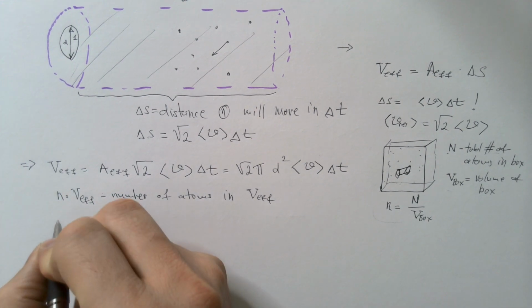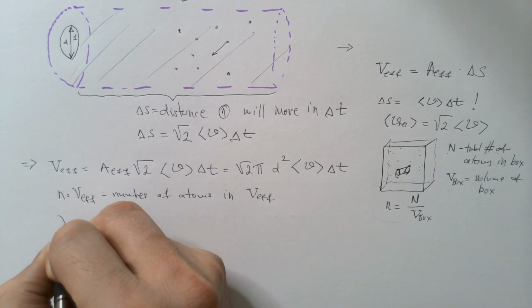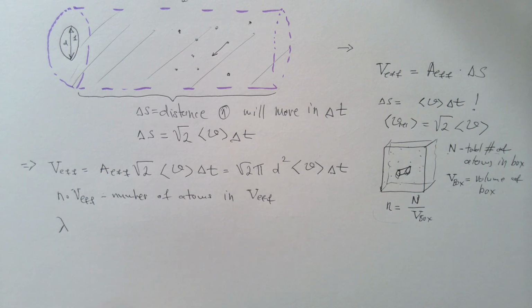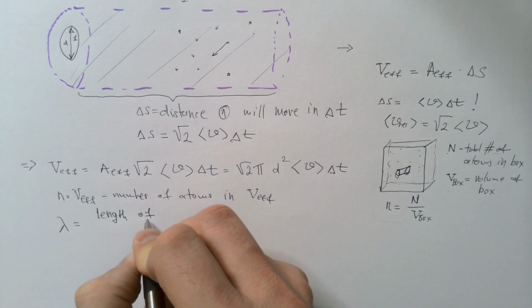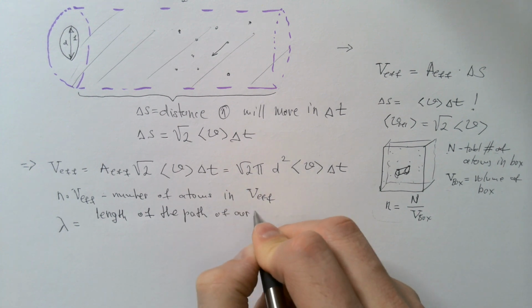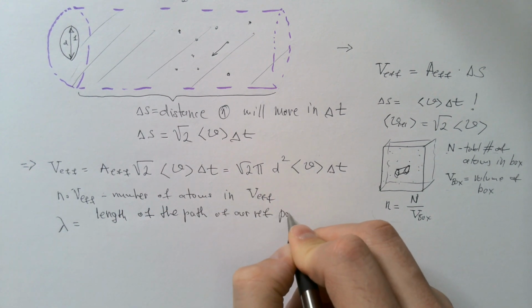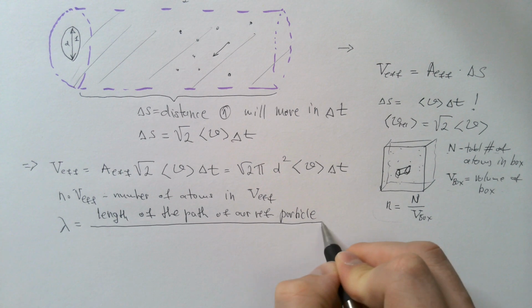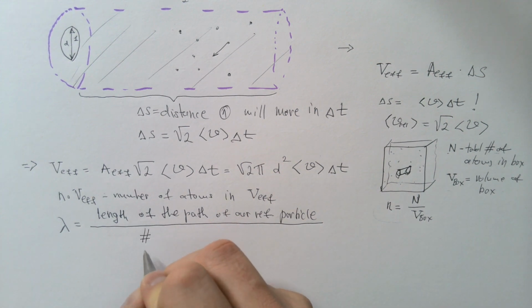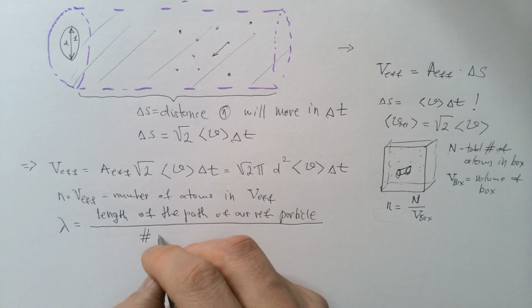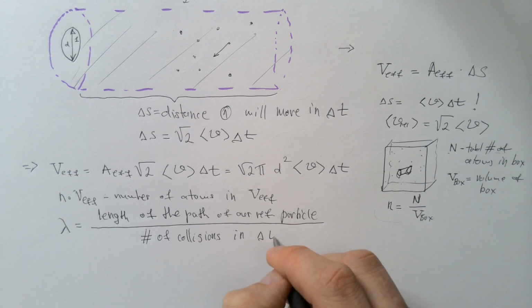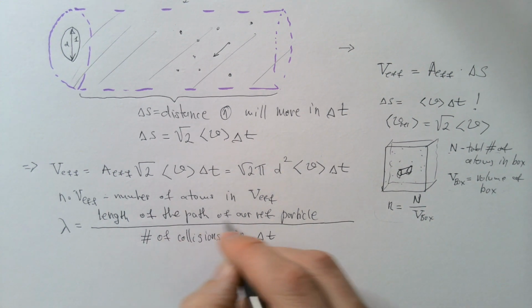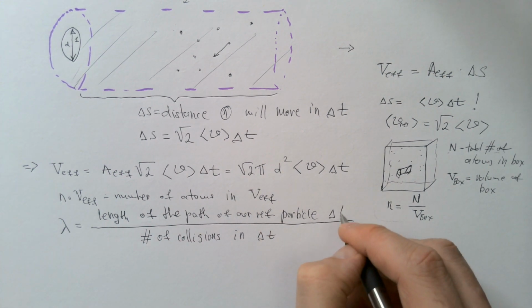So what I just said is I will define a length called lambda that is equal to length of path of our reference particle divided by the number of collisions in delta t, and of course length of this path in time delta t.